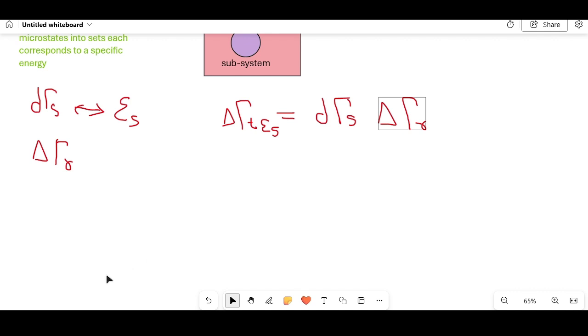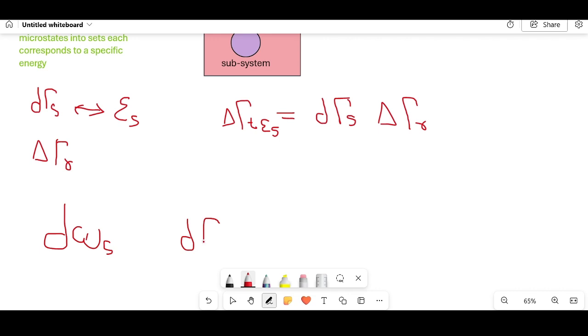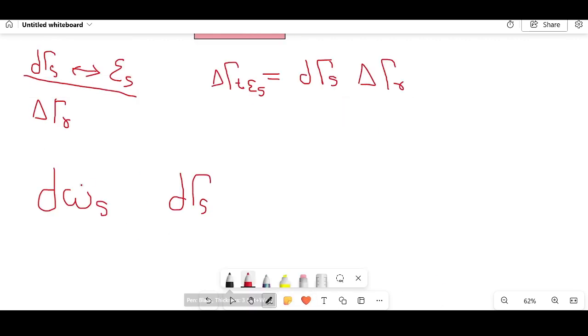We ask now for the probability d omega s that the subsystem is in the volume d gamma s of the phase space, or in other words, has the energy epsilon s, because these two conditions mean the same. This d omega is proportional to this delta gamma T epsilon s. This epsilon s is written in subscript.